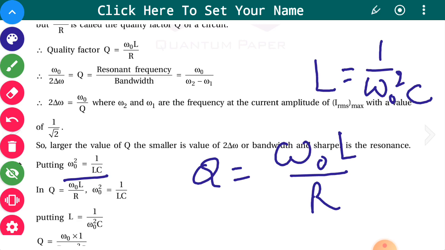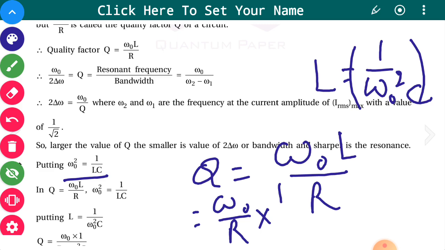So what will happen? Instead of L we write this value. So we will have omega 0 upon R multiplied by 1 upon omega 0 square C. So omega 0 will be cancelled out.